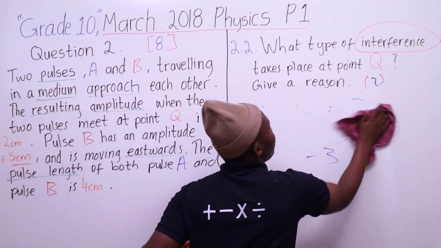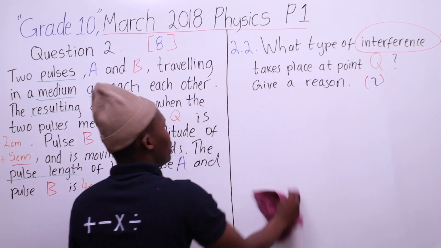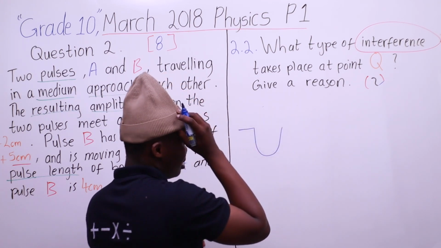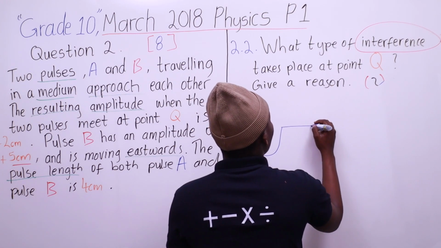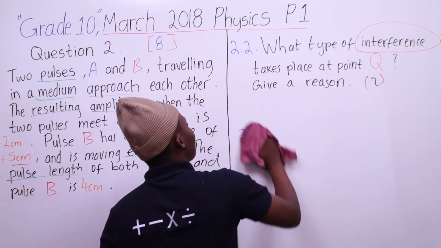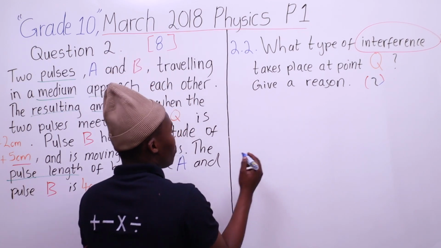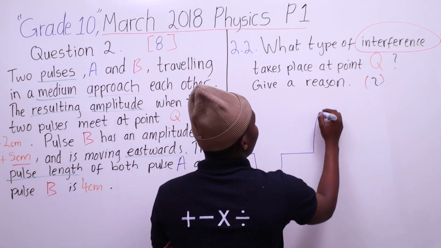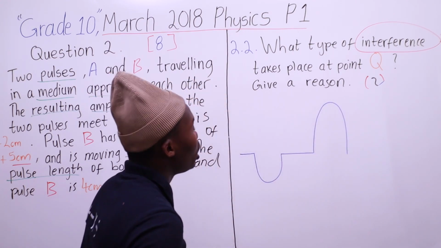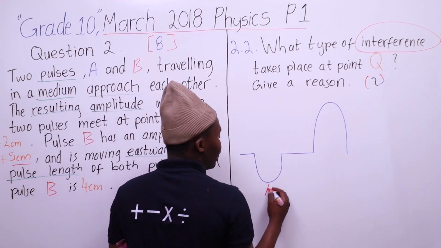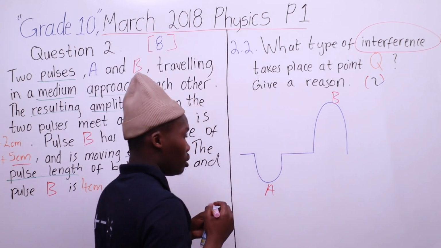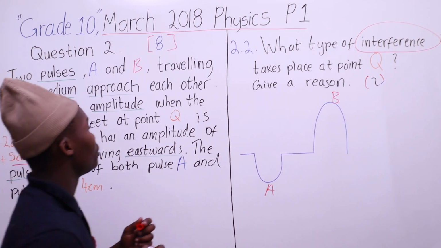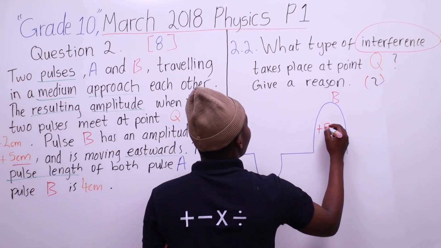Let's just try and draw it here now. We have A here and we have B. The amplitude for B, they told us, is positive 5 centimeters.